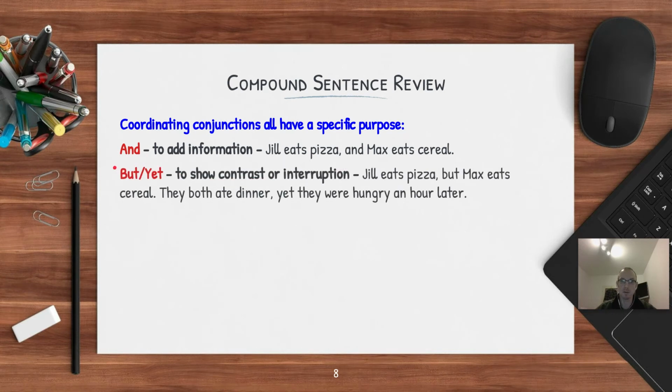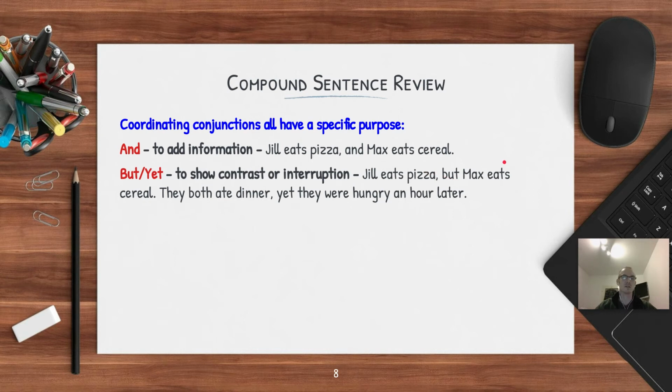The conjunction but or yet is used to show a contrast or some sort of an interruption to what was normally going on. Jill eats pizza, but Max eats cereal. They both ate dinner, yet they were hungry an hour later, right? Notice the difference, right? I used a different word to combine the sentences. Jill eats pizza, but Max eats cereal.